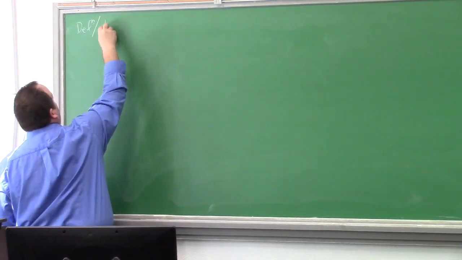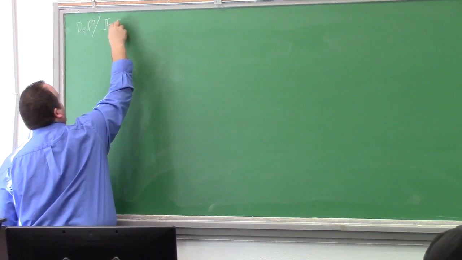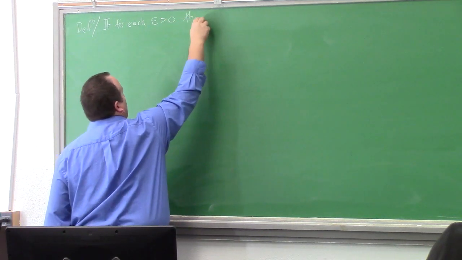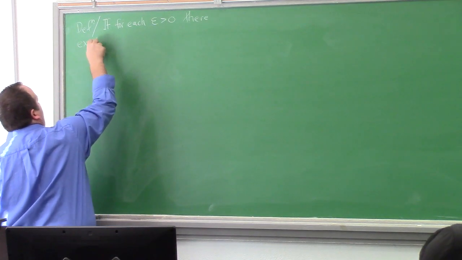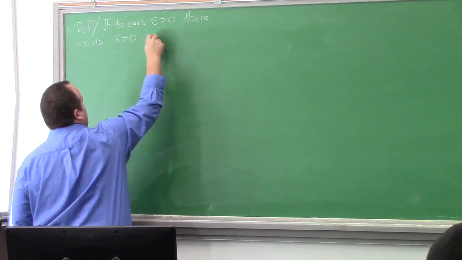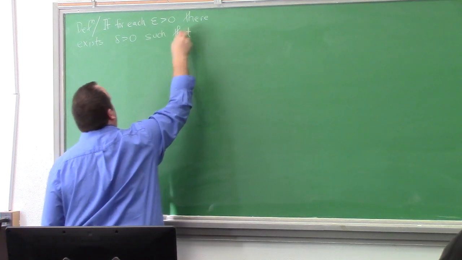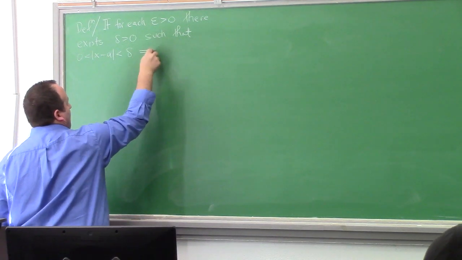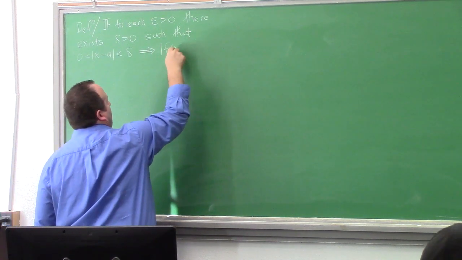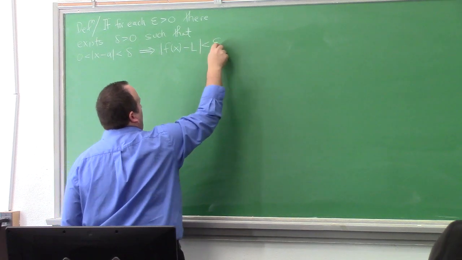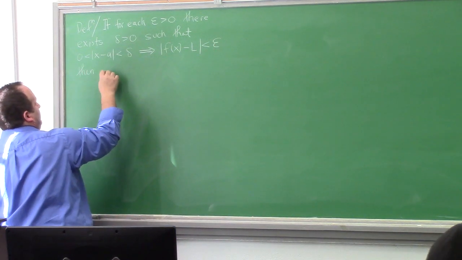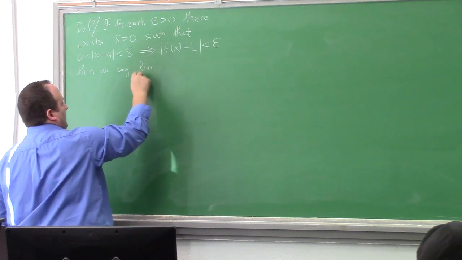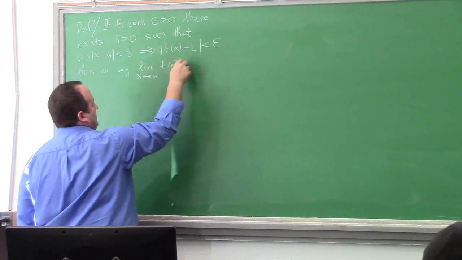Definition: if for each epsilon greater than 0, there exists delta greater than 0, such that 0 less than |x minus a| less than delta implies |f(x) minus L| is less than epsilon, then we say the limit as x goes to a of f(x) is equal to L.